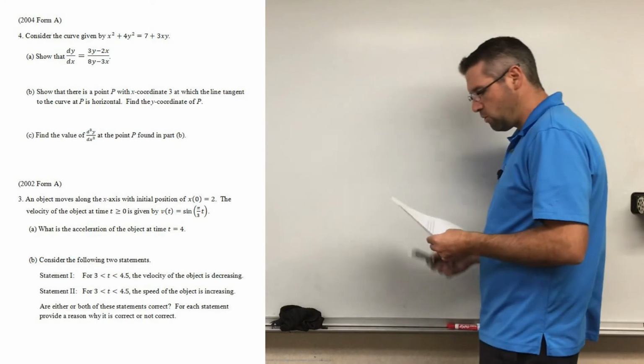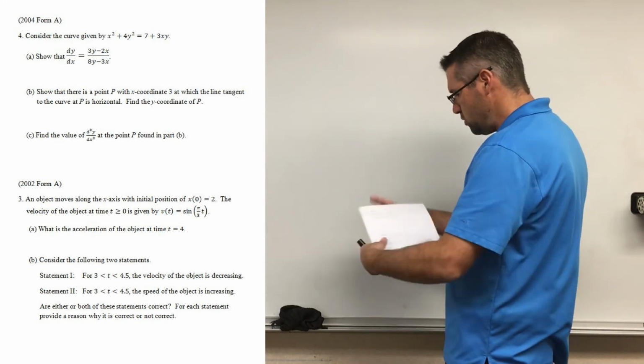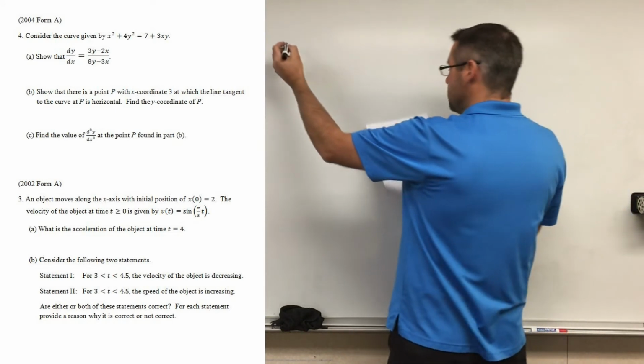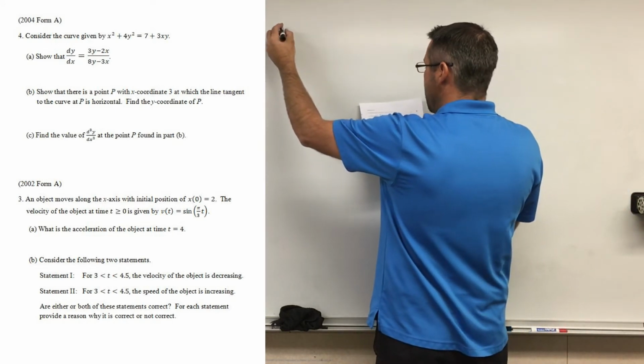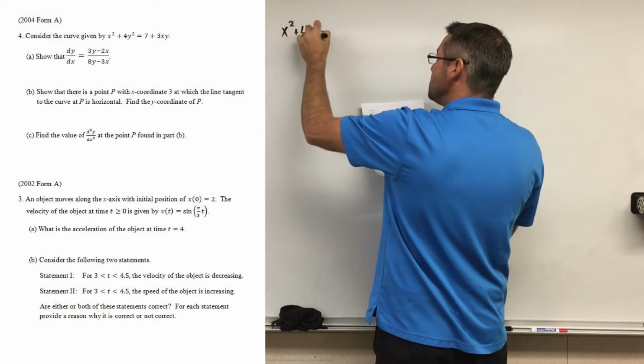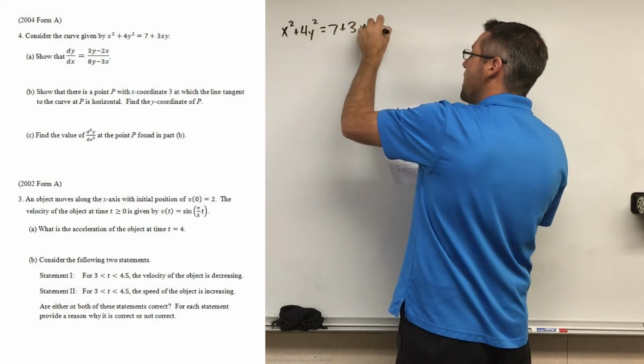So the first one we're going to do is actually from 2004. This was number 4 from 2004. So here we have an equation that says x squared plus 4y squared equals 7 plus 3xy.